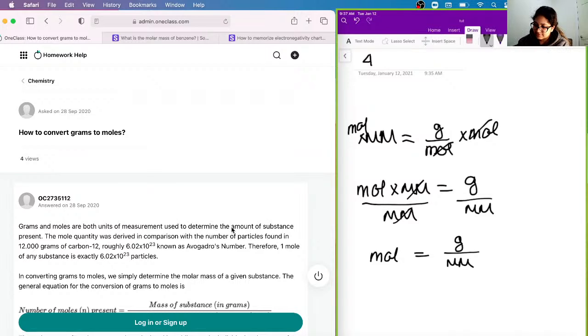The molar mass of a substance can be calculated by adding up the individual molar masses of each element present in the substance.